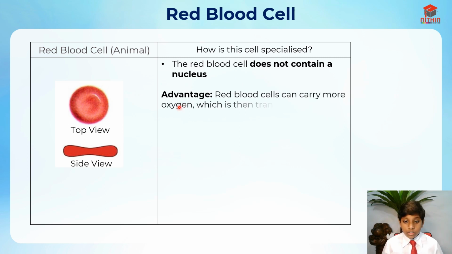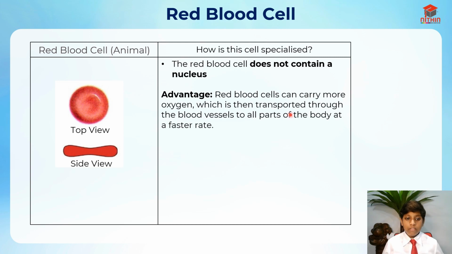The advantage is that the red blood cell can carry more oxygen, which is then transported through the blood vessels to all parts of the body at a faster rate. If there was a nucleus, it would be much slower.